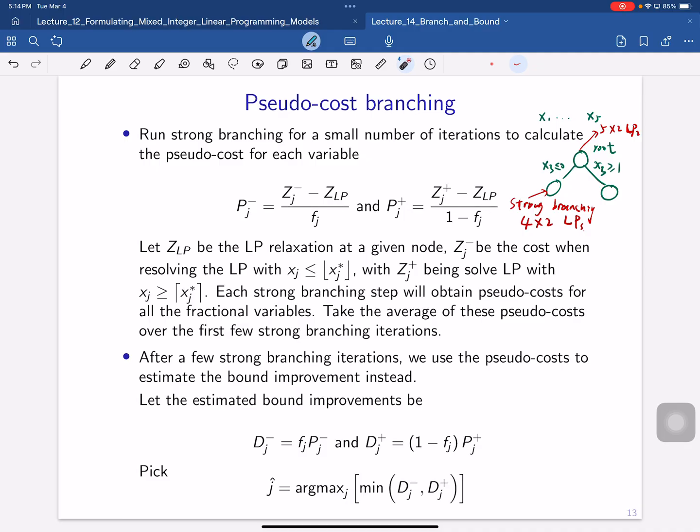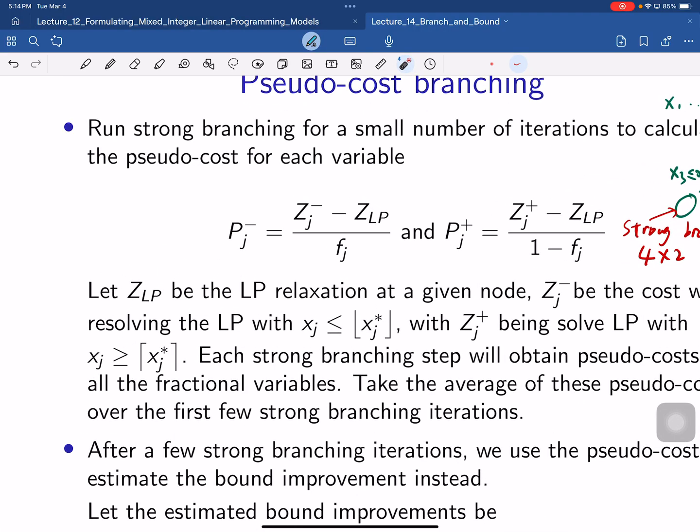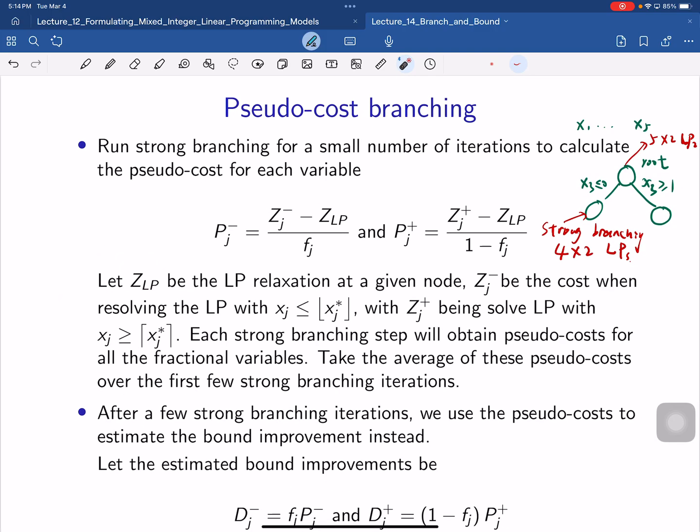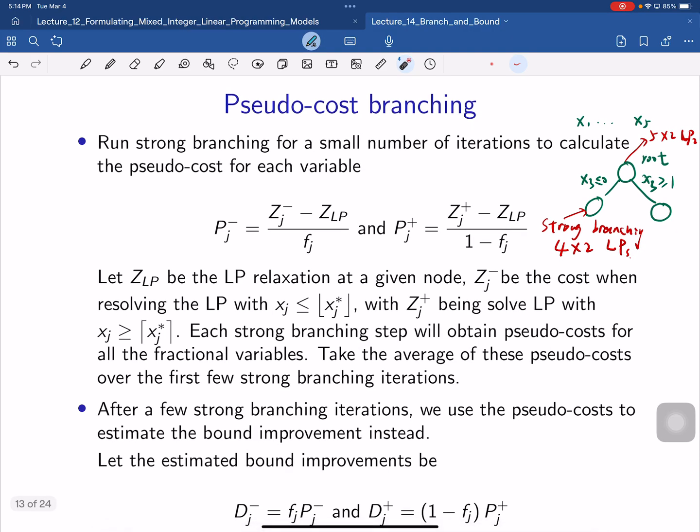Right, the idea is the following. At a particular node, let's assume you solve the LP relaxation, and then let Zj minus be the cost when you solve the LP with xj less than or equal to the floor of this integer value, and Z plus being the right branch, right?